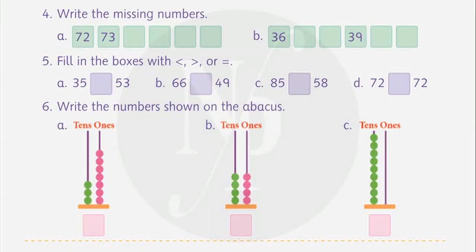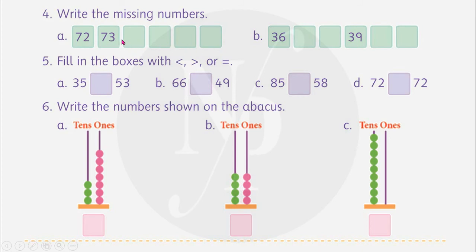Question number 4. Write the missing numbers. A. 72, 73 is given here. So we have to write the missing numbers in these boxes. We have to continue writing the numbers here.